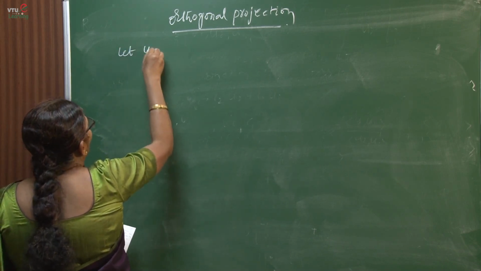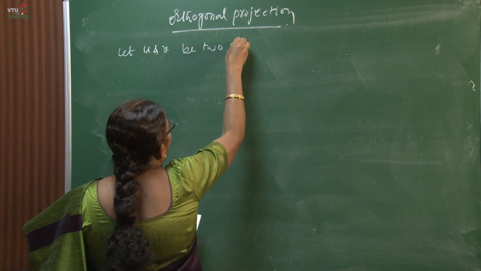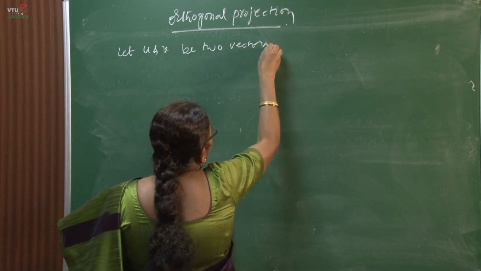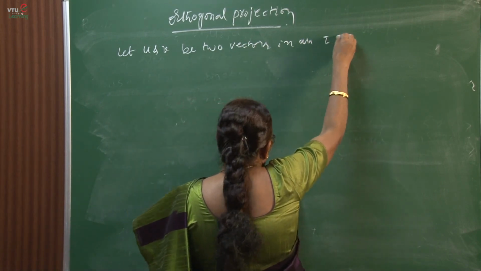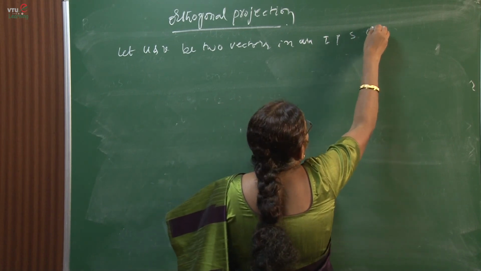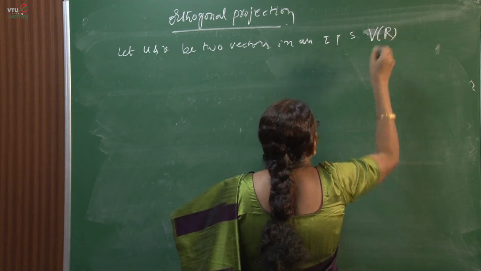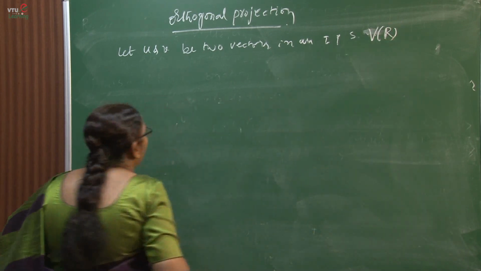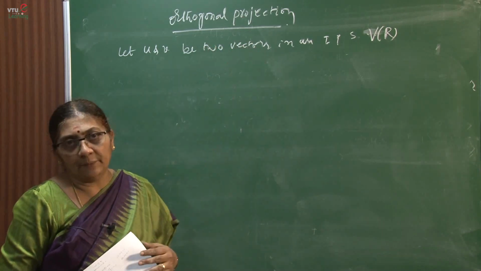Let u and v be two vectors in an inner product space V over the set of real numbers.